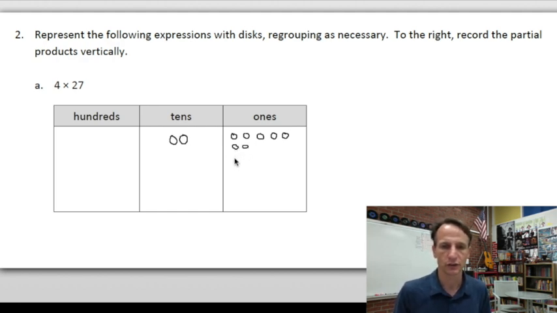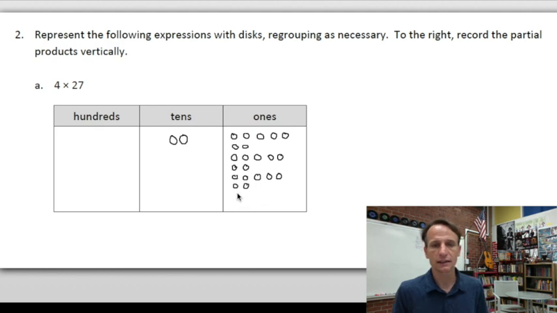So I have to do another set of 7, and a third set of 7, and yes, a fourth set of 7.